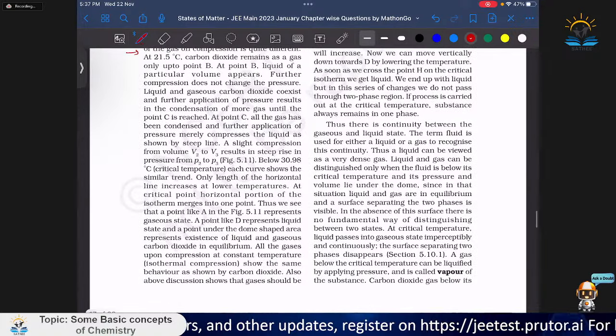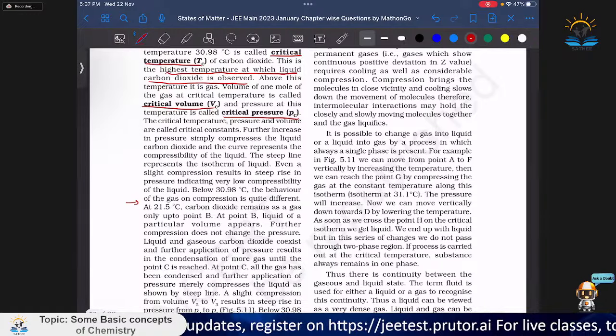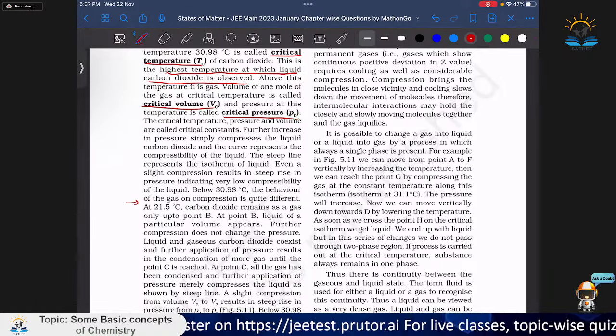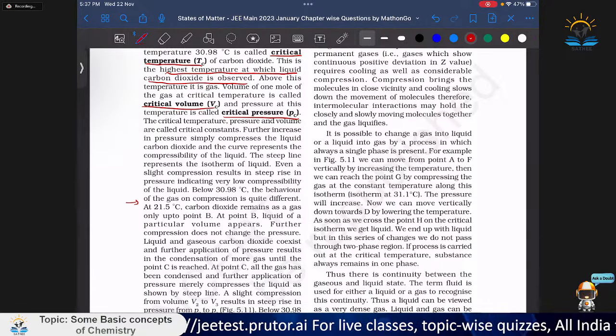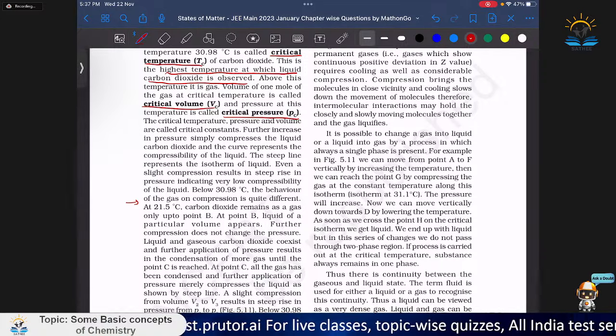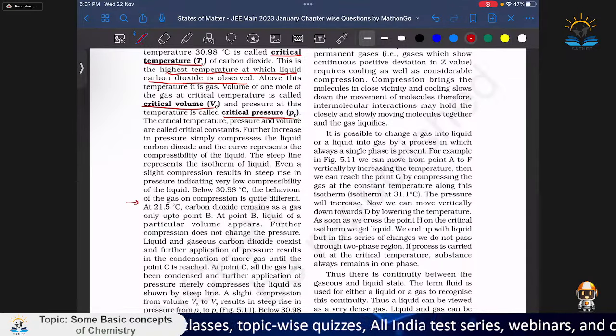Okay, so they have given one more thought. It is possible to change a gas into liquid or liquid into gas by a process in which always a single phase is present. So how to turn a gas into a liquid without going through the phase of that dome, without going to a phase where both of them are present?